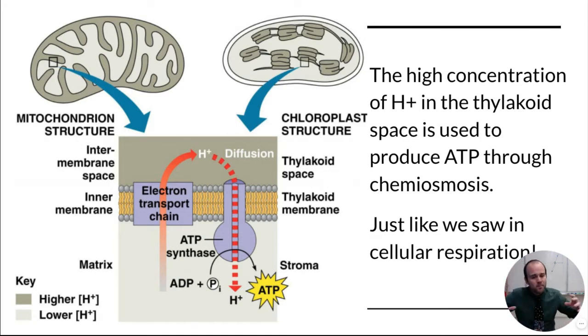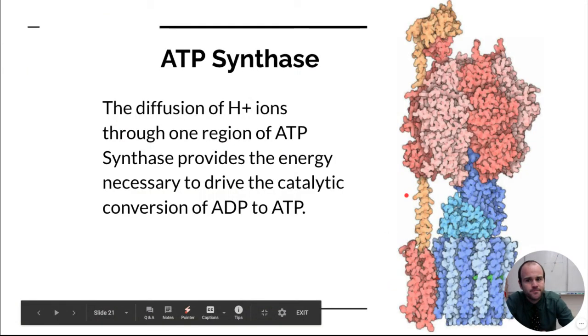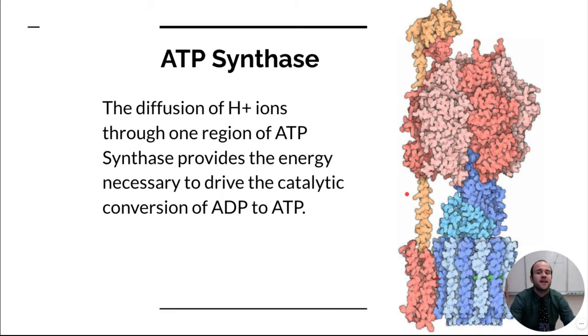You can think of it like pushing water up a hill to let it run down through a hydroelectric dam, through that turbine to power the making of energy. ATP synthase uses that regular falling of hydrogen ions to power ATP's production from ADP. Think of it like a dynamo spinning.